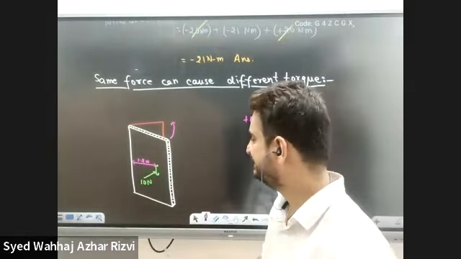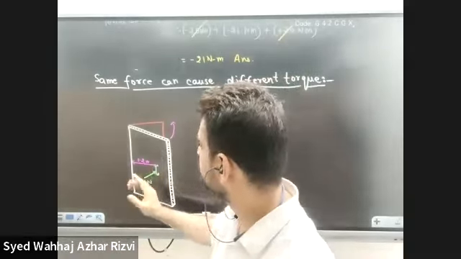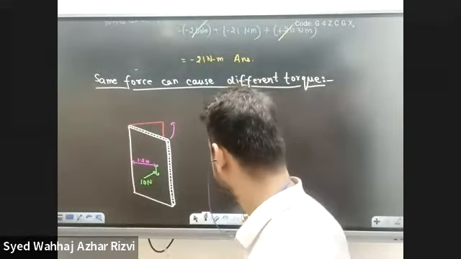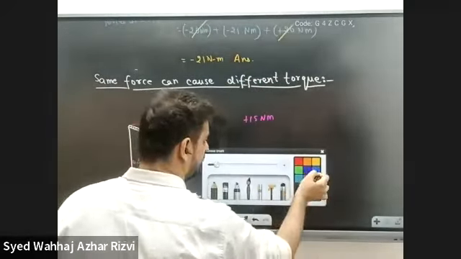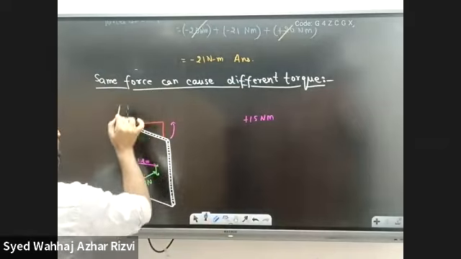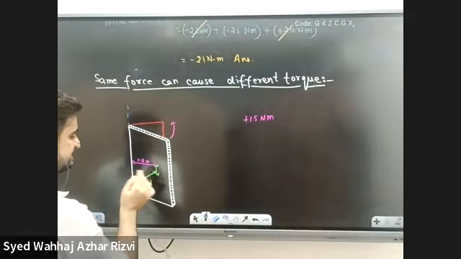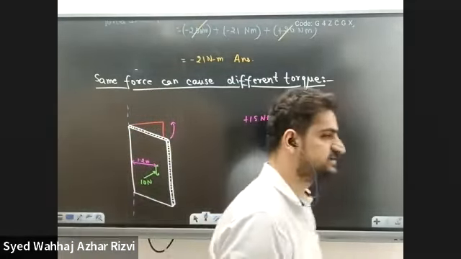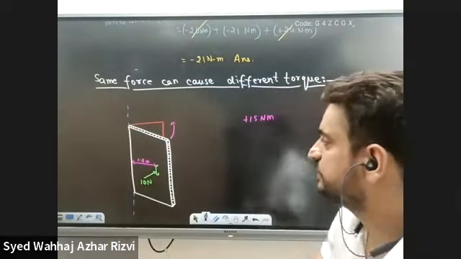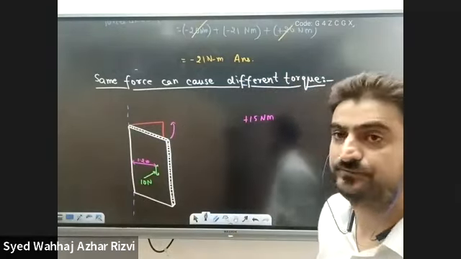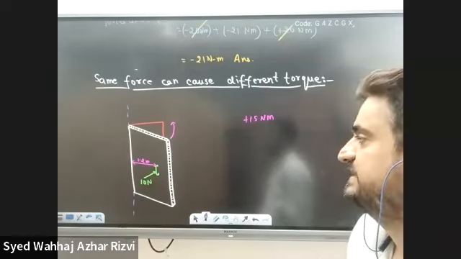Now we have brought this door handle closer to the axis about which it is going to rotate. It's now 1.2 meters only. What is the torque now? Positive 12 Newton meter, right?